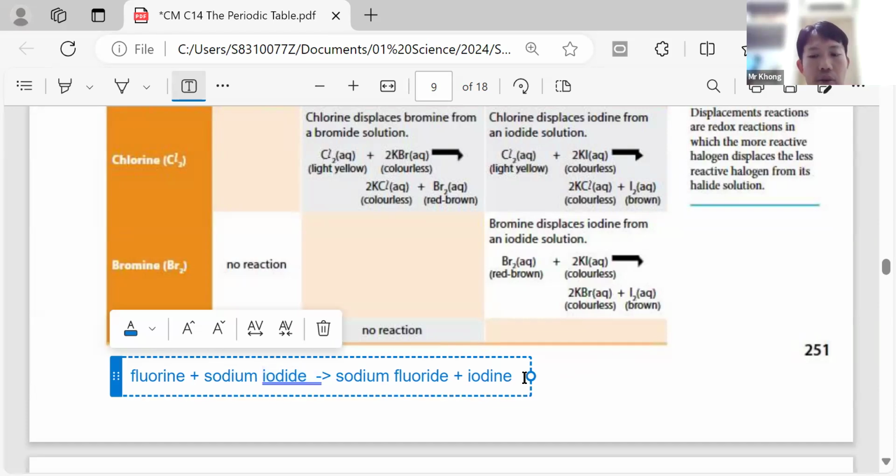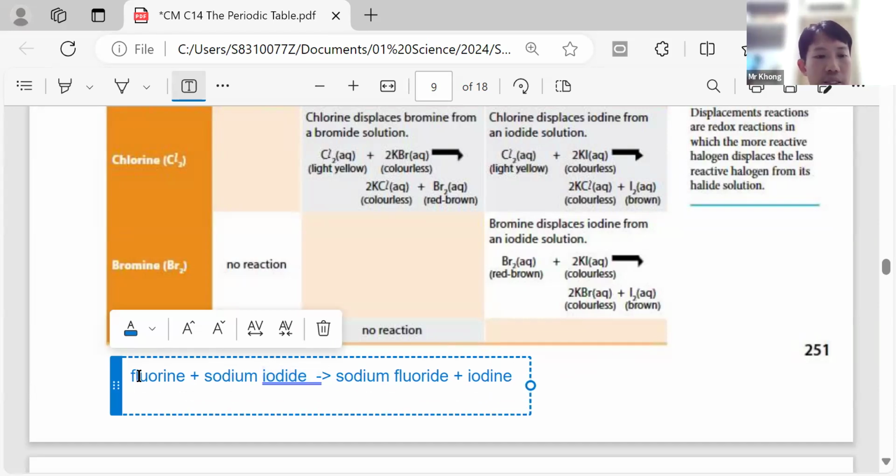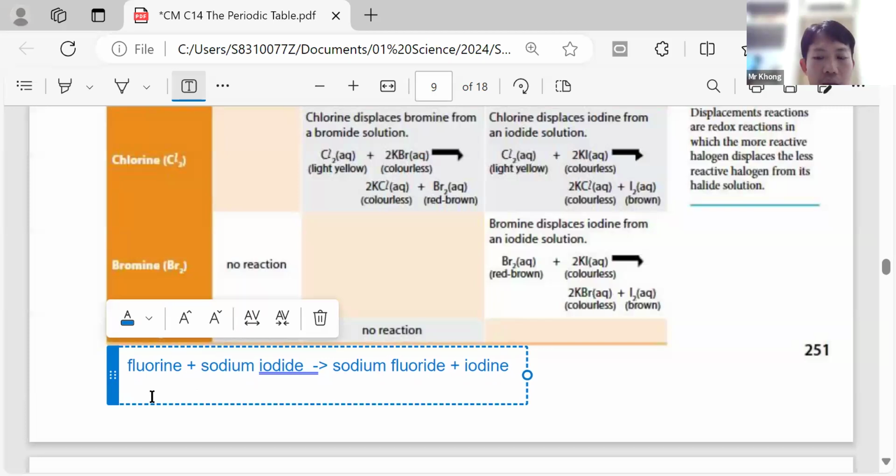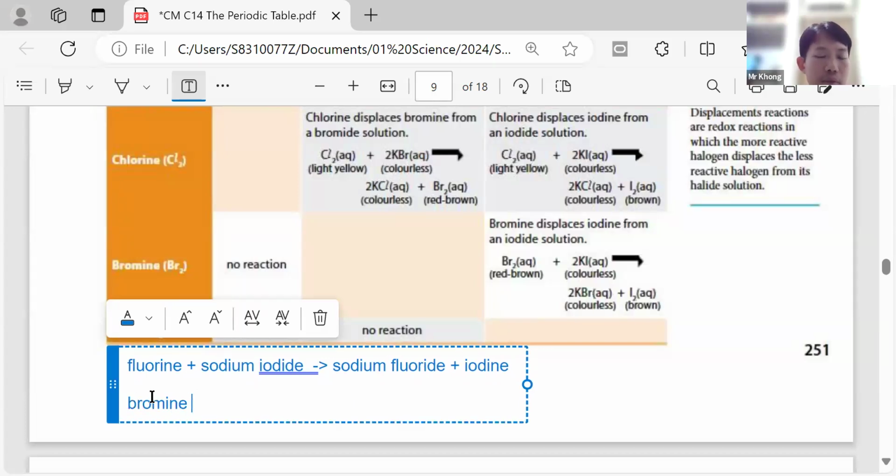Now, if I have another scenario, let's say I add bromine to sodium fluoride.